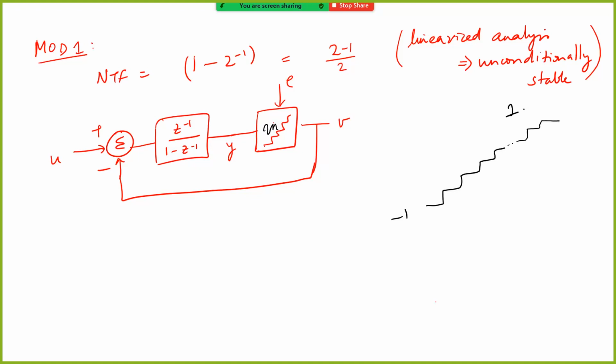Now, if the magnitude of U is greater than 1, what will this modulator do? Its output is always 1, correct? You will basically have an error which is always 1, and you keep integrating.